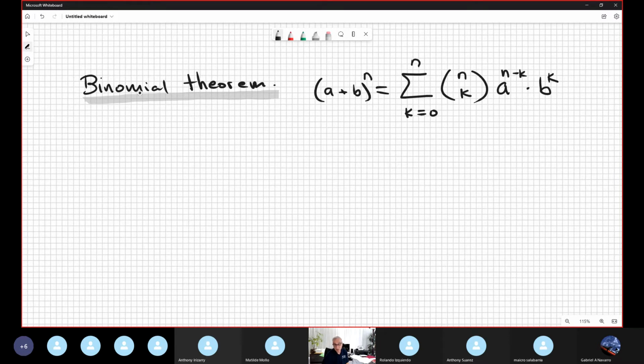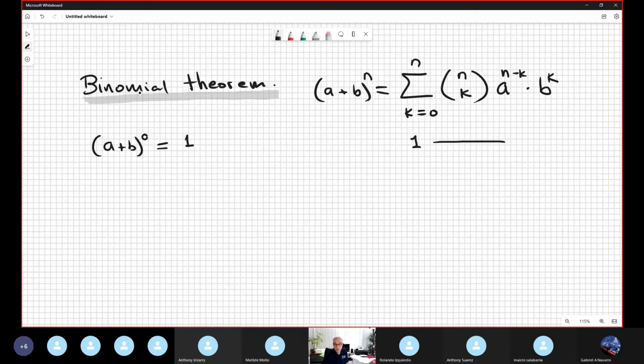Induction. Let's do it for n equal 1, 2, 3, 4, 5, and so on, and try to find the pattern. Suppose a plus b to the 0 power. Any expression or number raised to the 0 power is 1, and this one I want to copy here: 1.